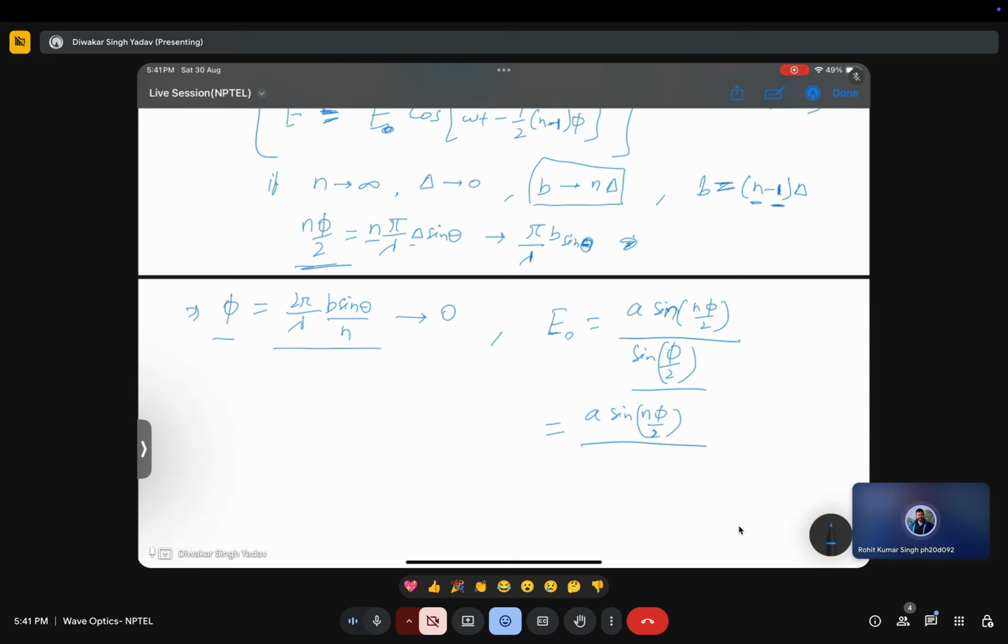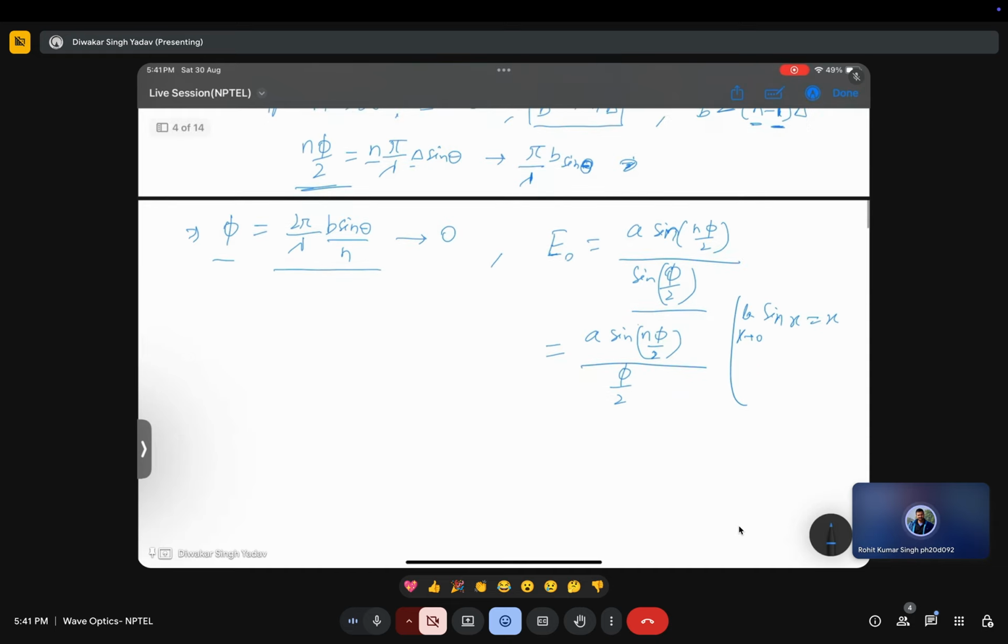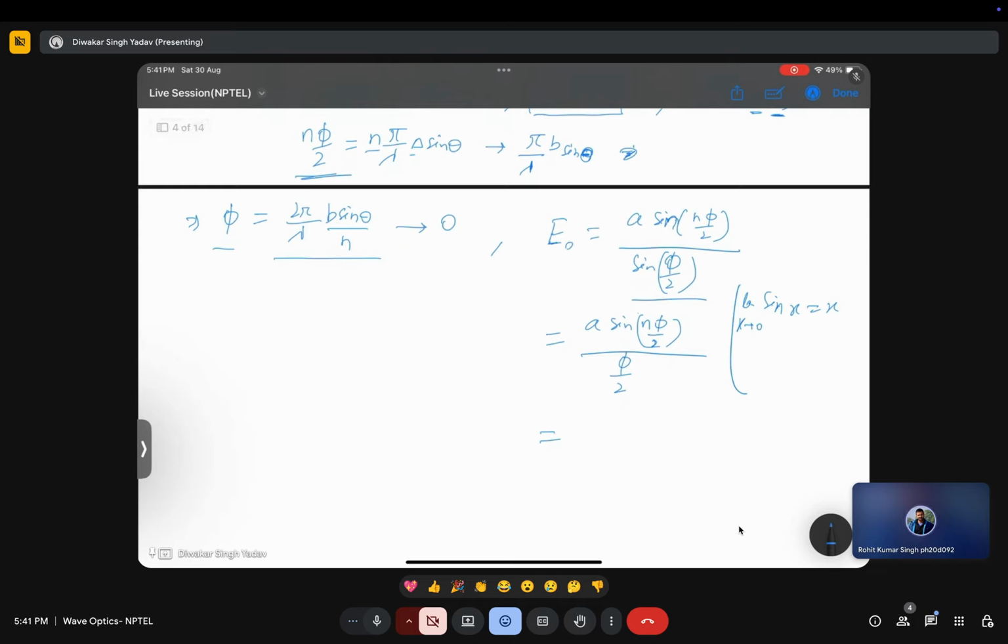In the denominator, sine phi by 2, the phi goes to 0, so sine phi by 2 is equal to phi by 2. You know that, right? That sine x is equal to x in the limit x tends to 0.